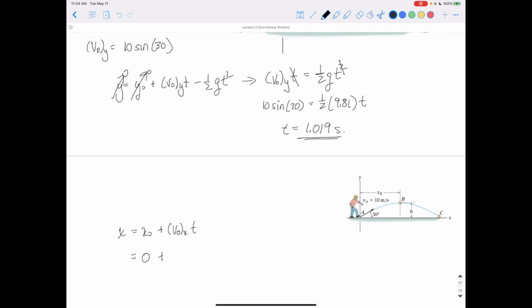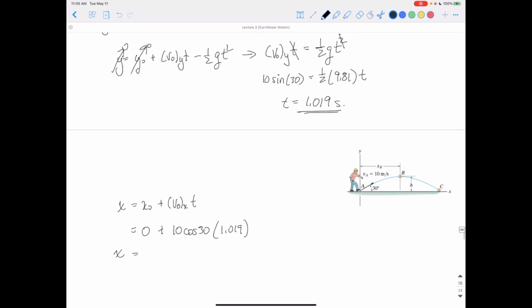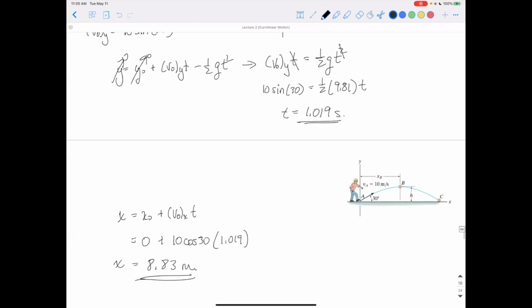Let's say x0 is 0, our v0x is 10 times cosine 30, and our time is 1.019. We should get our x position is equal to 8.83 meters. So it's kicked at a velocity of 10 meters per second, at an angle of 30 degrees from the ground. It's only going to go 8.83 meters before it hits the ground again.